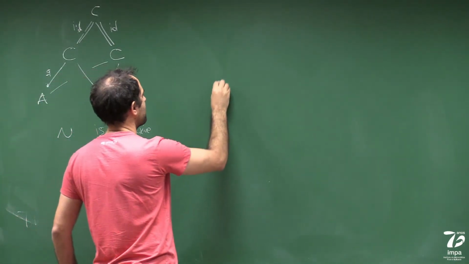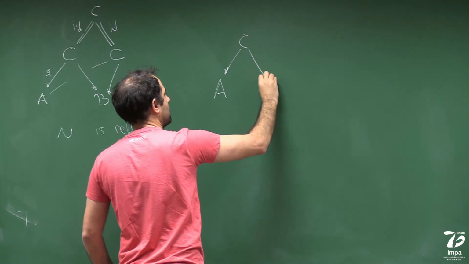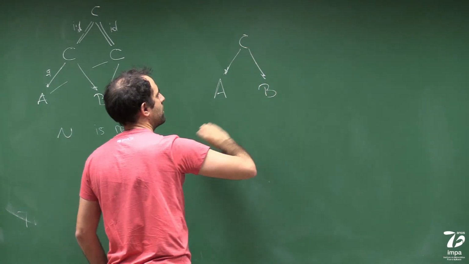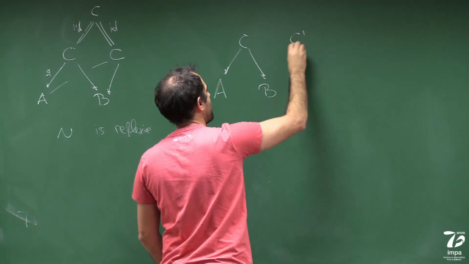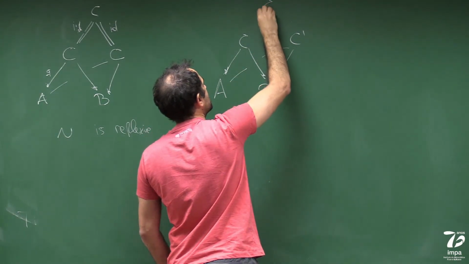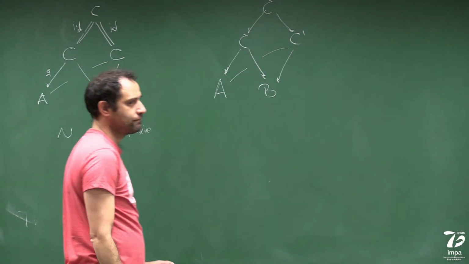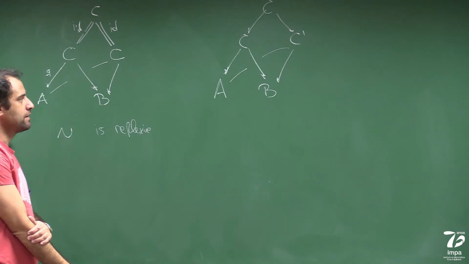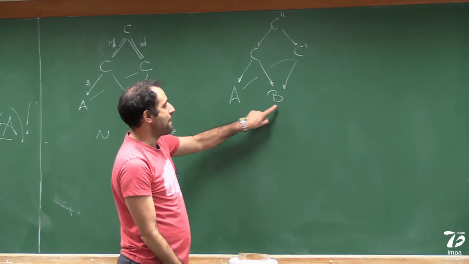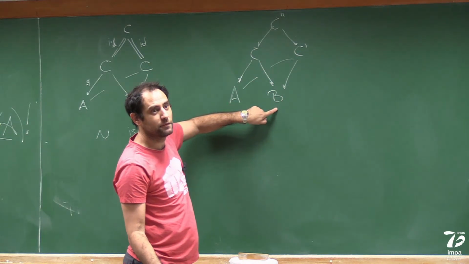So let's suppose that we have this situation and we have some C prime, and that these two are equivalent. So this exists, I'm making this diagram commute. Then the map from A to B, this map is equivalent to this map.